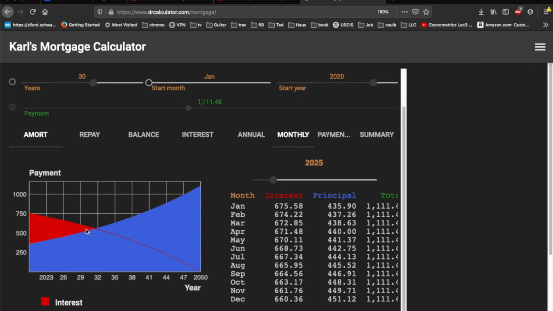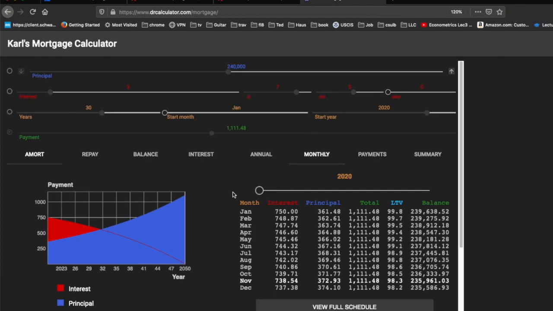So this red line is showing the interest that you pay, the portion of your money that goes towards the interest at any given period, essentially. And you can see it broken down a little bit more into the details. For example, in the very first month, your interest is exactly $750, and then the remaining $361 of the amount that you pay goes towards the principal.